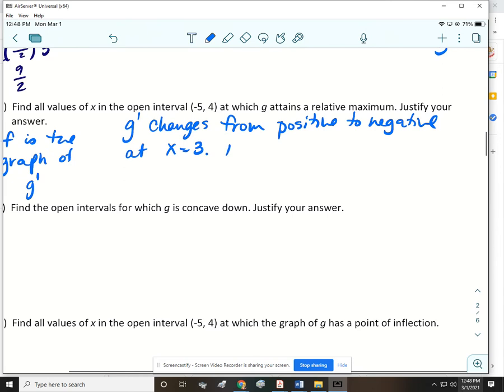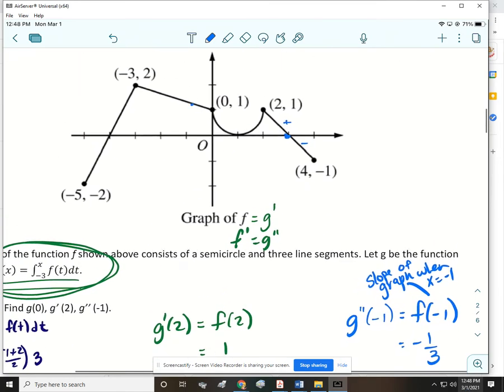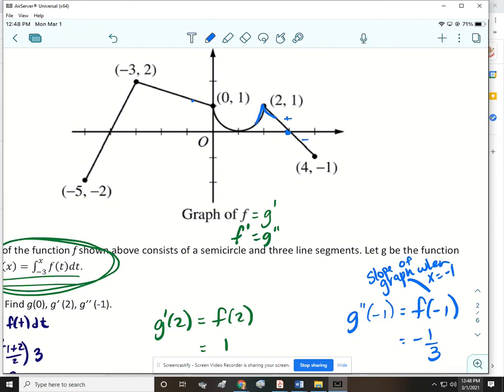All right. At 2? Because the graph of G prime is positive on both sides of 2. Not talking about increasing and decreasing. Positive is above the x-axis. You're talking about right here? That's positive. Positive above the x-axis, it stays above the x-axis. Okay, now we're not done.